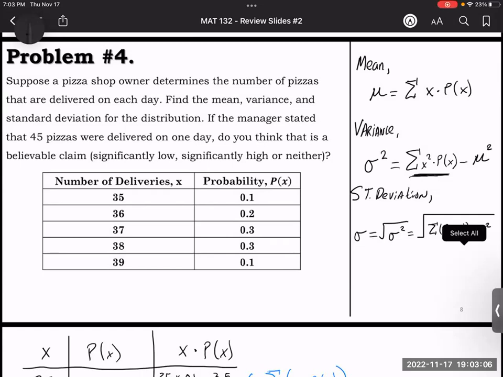The thing here is that you would have had to essentially use the range rule of thumb, right? You see, if the number of pizzas would have been within 2 standard deviations of the mean, then it should be a believable claim. But if it's not, if it's outside of that range, then no. Right, so observe.